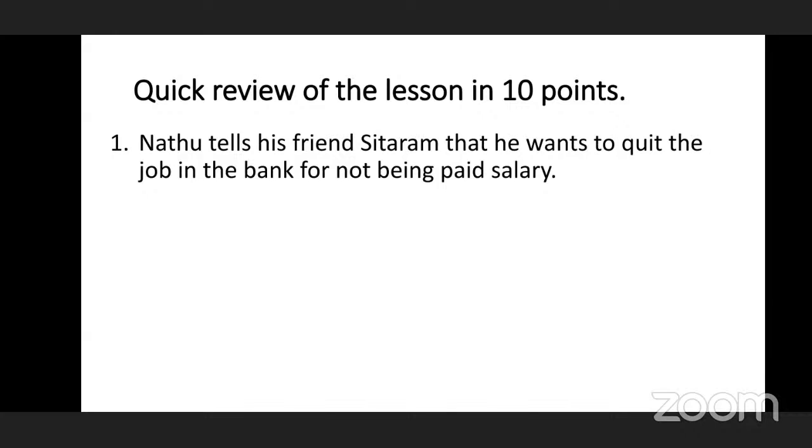As we already learned the characters in yesterday's class, Nathu is a sweeper boy in the bank, and the bank is not paying his salary for the last several days. It's already late, and he's very much upset and worried, so he decides to quit the sweeping job in the bank. He conveys that information to his friend by name Sitaram.